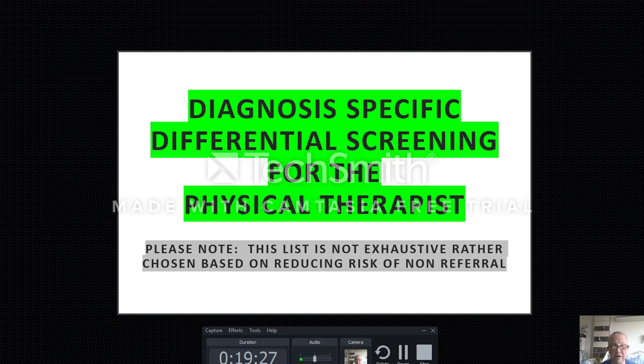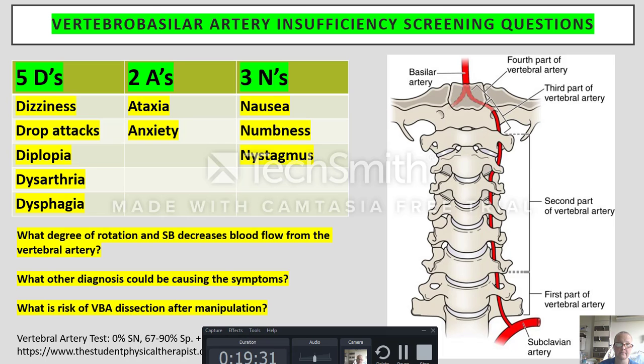Diagnosis-specific differential screening for the physical therapist. We have the vertebral basilar artery insufficiency screening questions. You've got your 5 Ds: dizziness, drop attacks, diplopia, dysarthria, dysphagia. And 2 A's: ataxia, anxiety.